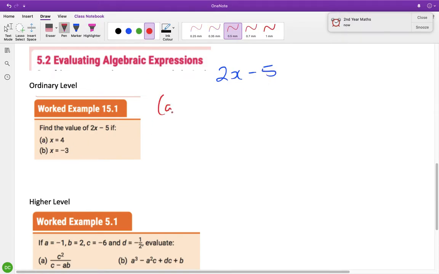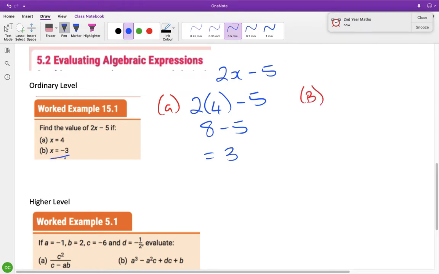For A, it becomes 2 bracket 4 minus 5. 2 bracket 4 is 8, minus 5, so that gives me an answer of 3 for part A. For part B, x is minus 3, so it becomes 2 bracket minus 3 minus 5. 2 times minus 3 is minus 6, minus 5, and that is minus 11.